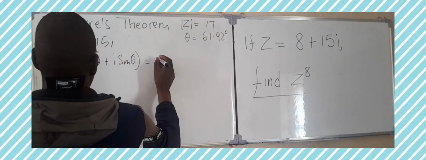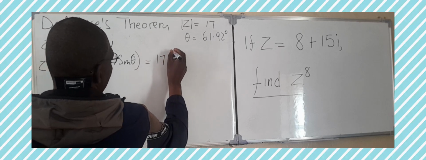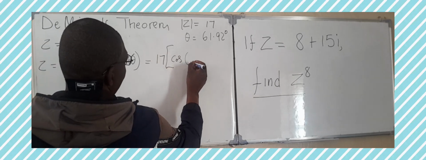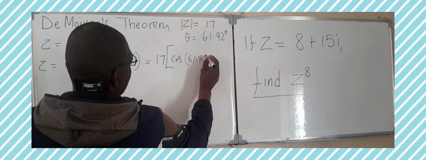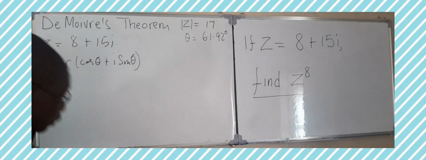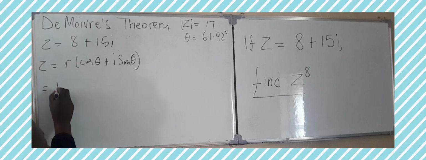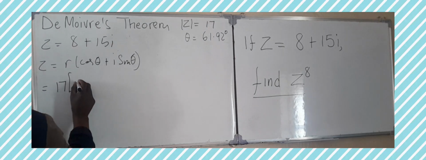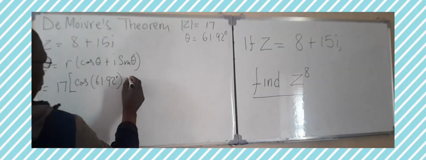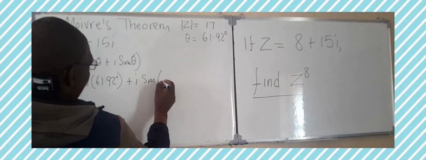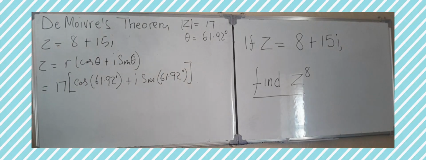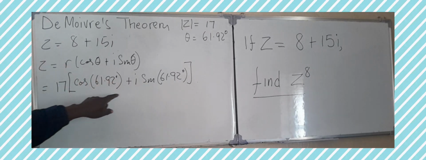So this becomes 17, for our modulus, square brackets, cosine of bracket 61.92 degrees plus I sine of bracket 61.92 degrees, close the big bracket. That now is our Z in polar form.